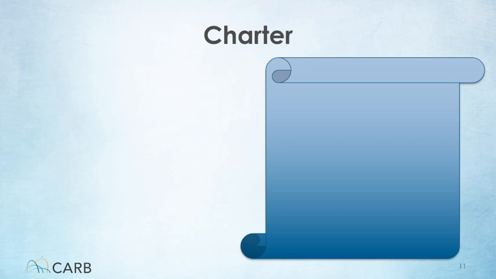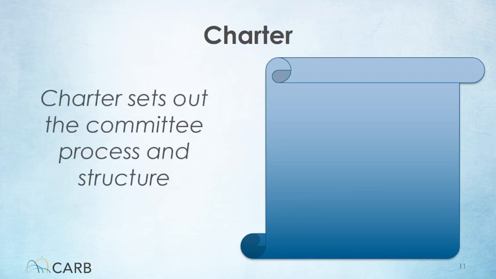We've just talked about community steering committee membership. Now let's talk about the charter. The charter is a document that the steering committee develops that sets out the committee process and structure. The charter serves as a common reference and point of understanding. The blueprint describes what the charter should cover at a minimum.